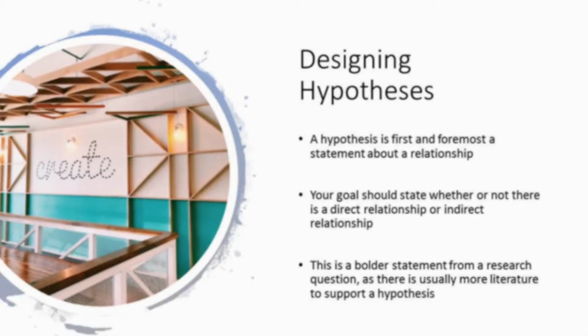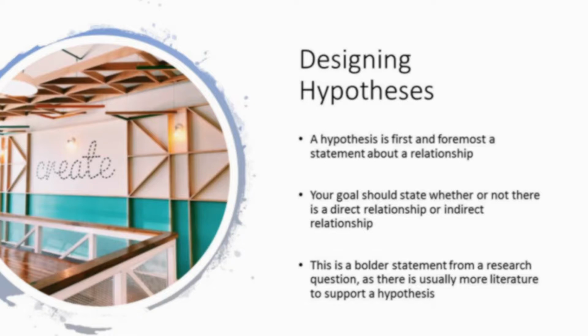Let's move along. Designing hypotheses. A hypothesis is first and foremost a statement about a relationship. Your goals shouldn't state whether or not there is a direct relationship or an indirect relationship. For instance, an indirect relationship might be, well, as the temperature goes down, the amount of clothing I wear will go up.